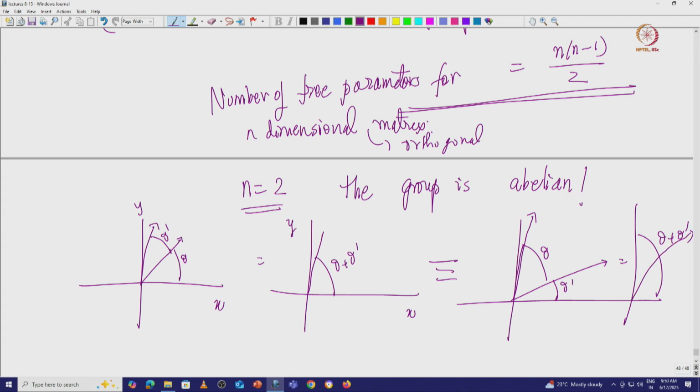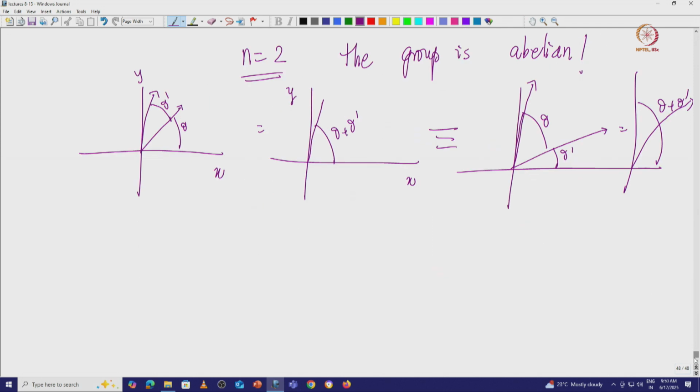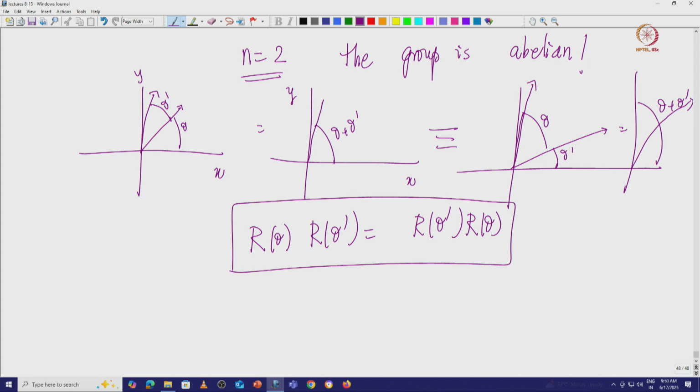So you can interchange the rotations: rotation by theta then theta prime is equal to rotation by theta prime then theta. So this group is abelian. That means you can interchange the operations essentially, in whatever order, the final result is the same.